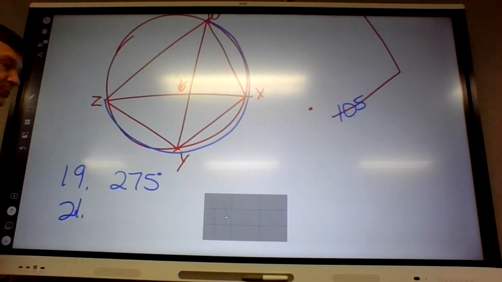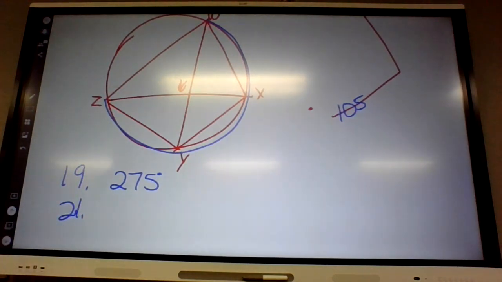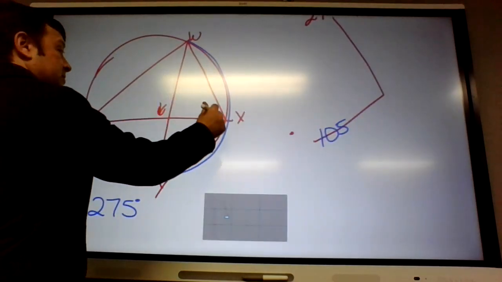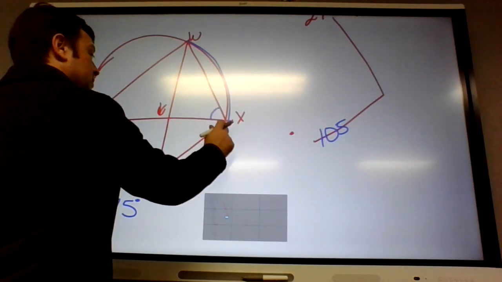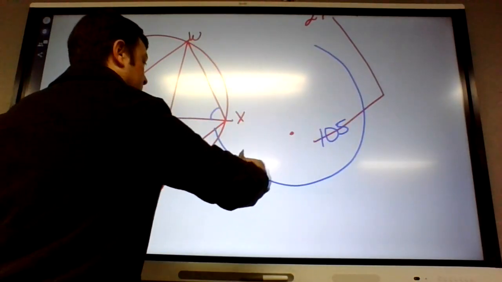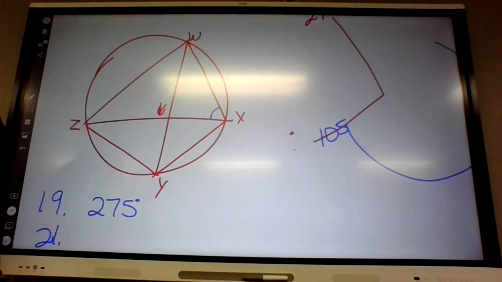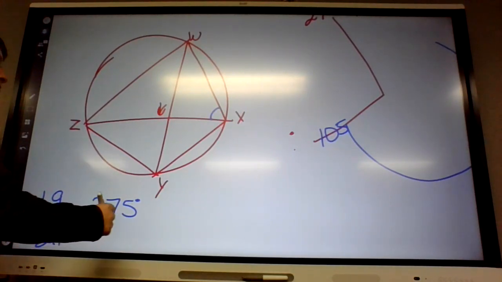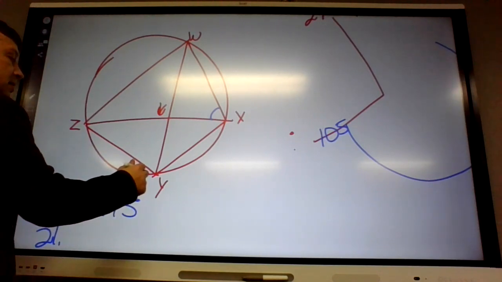Okay, last one, 21. Measure of angle WXZ, right here, plus the measure of angle XYZ. It's XWZ.